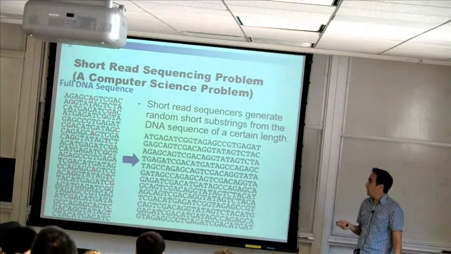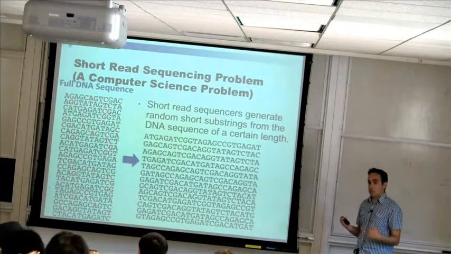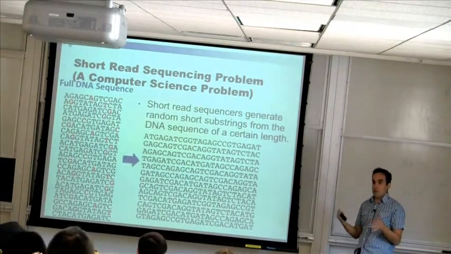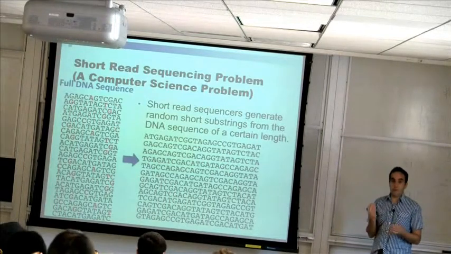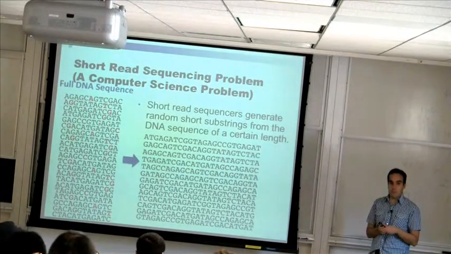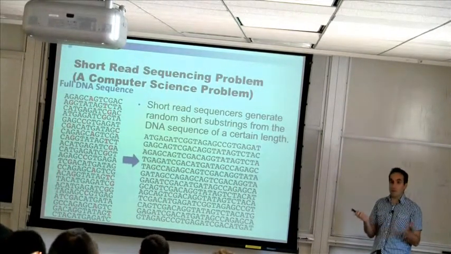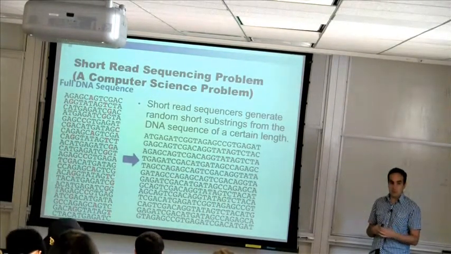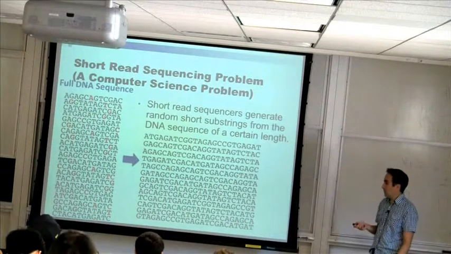This is called short read technology because these reads are relatively short, like 30 or 100 or 200, while the previous technology, the one that built the human genome, used reads that were like 10,000. These are much shorter, and they're cheap because they're shorter.